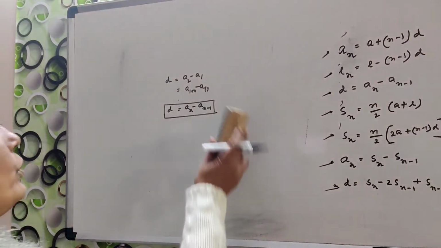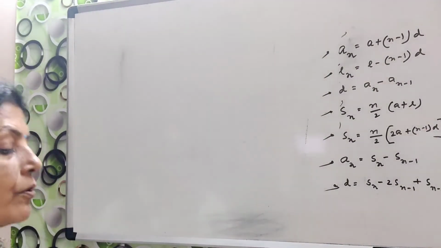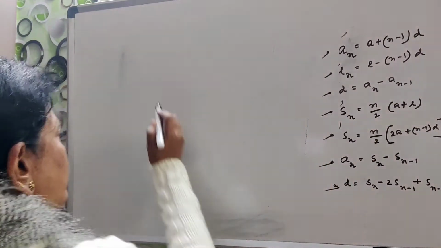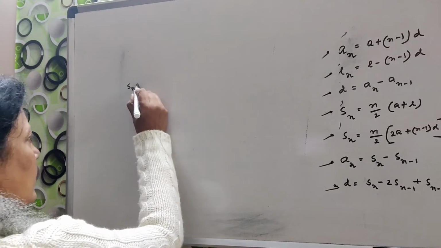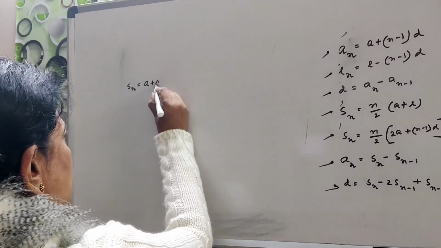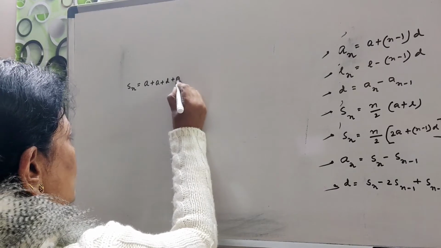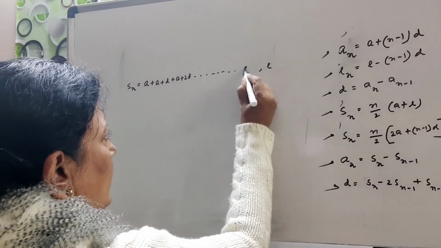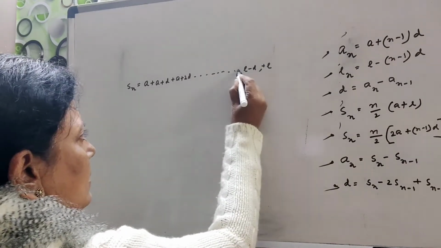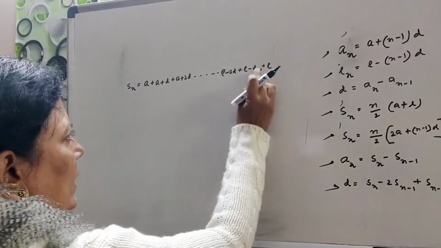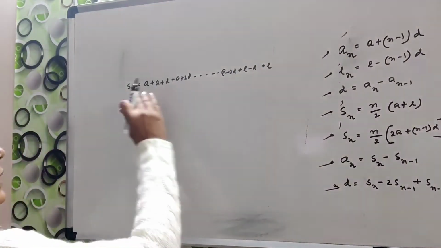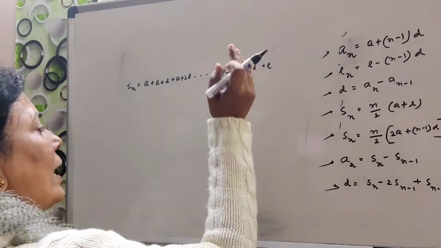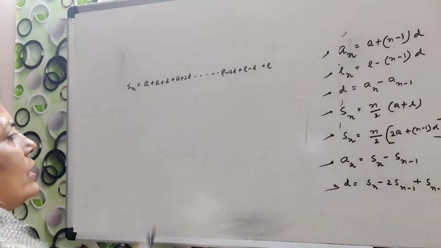Now we will find the summation of n terms. What does it mean? It means the total summation of all terms. If we have n terms, then Sn is equal to A plus (A plus D) plus (A plus 2D) and so on up to L minus 2D, L minus D, L. If we add from first to last, and if we add from last to first, the summation will be the same.